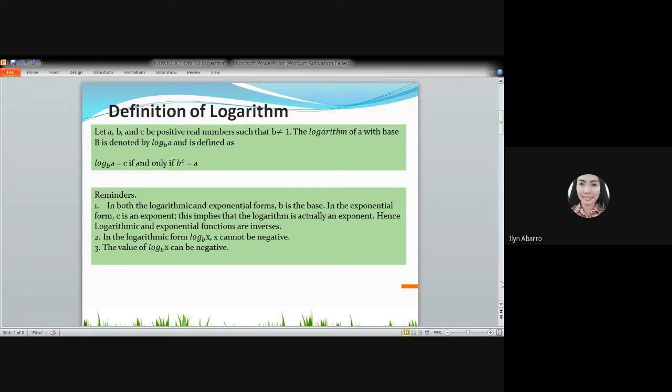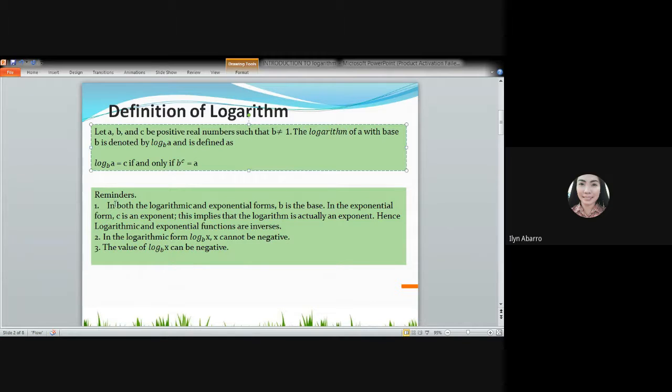The logarithm of A with base B is denoted by log with a small b subscript, and is read as the logarithm of A with base B. It is defined as: the logarithm of A with base B is equal to C if and only if B raised to C is equal to A. So, logarithm is the inverse of exponential functions or exponential equations.